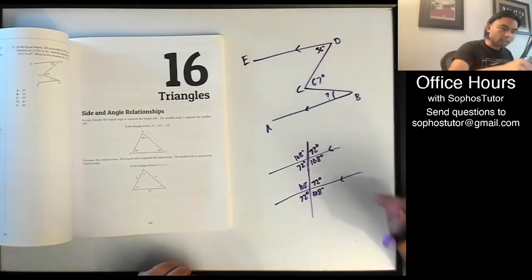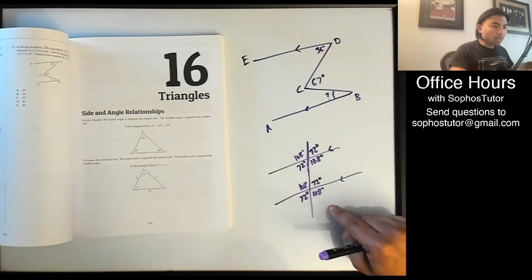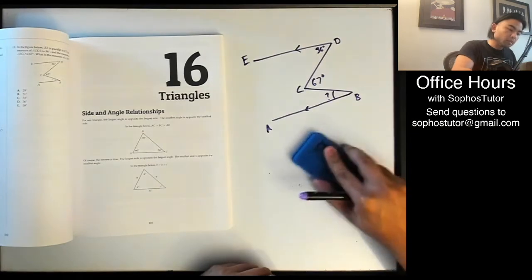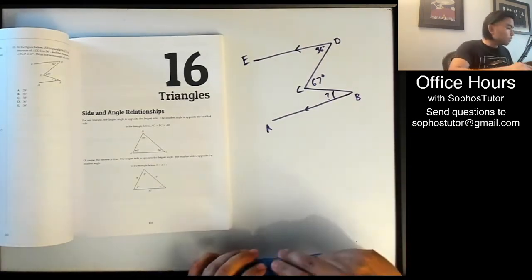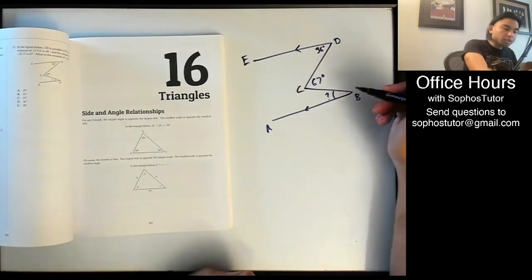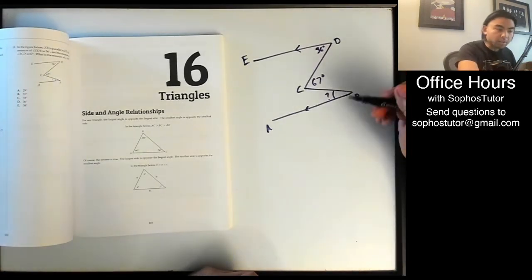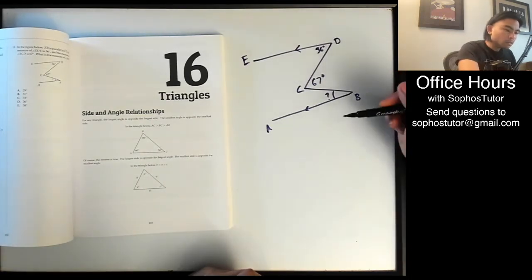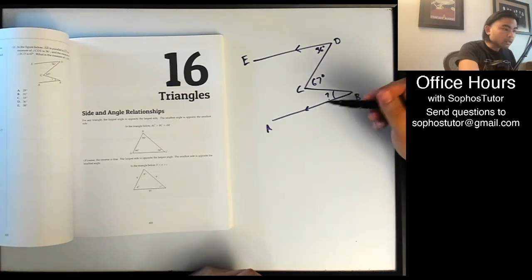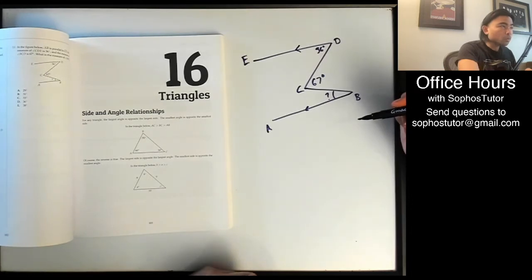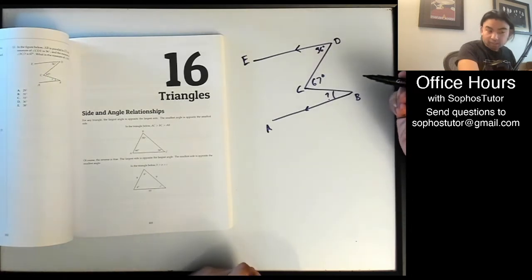So we want to exploit that power in this figure. How do we do that? Currently we don't have one particular line that crosses both parallel lines. In these sorts of advanced problems, we might need to give a little bit of assistance.